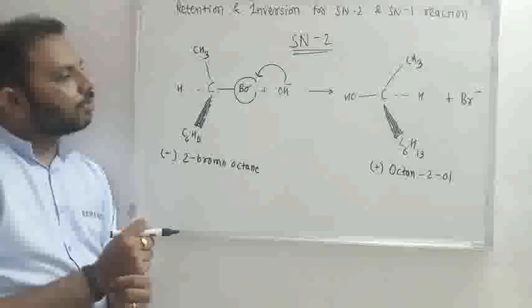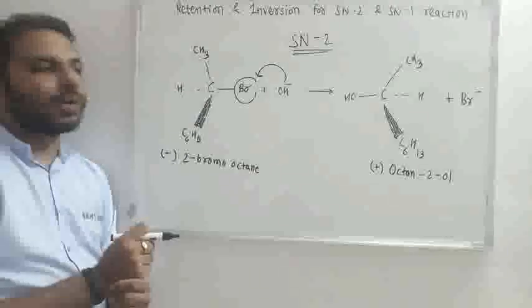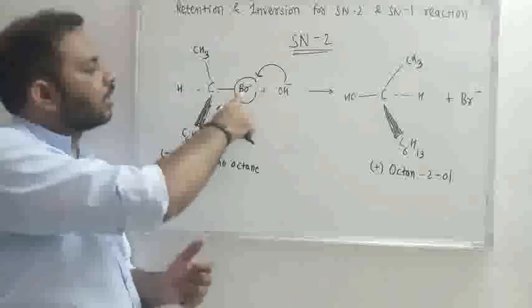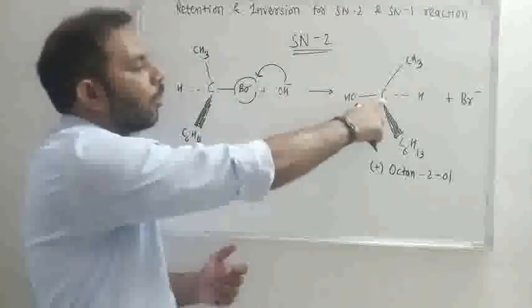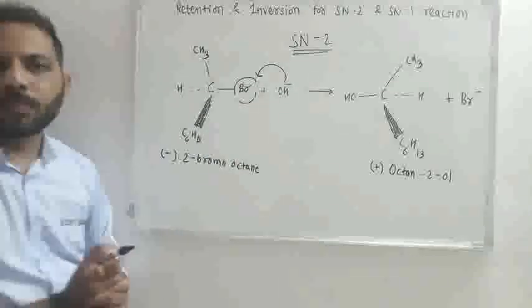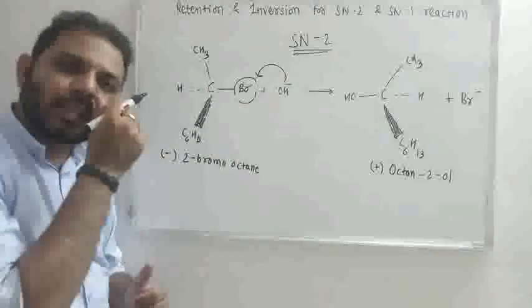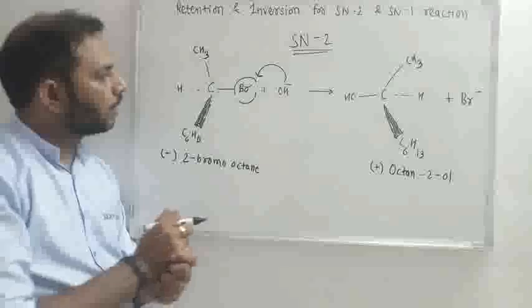The halogen has been replaced by the nucleophile, which is OH minus. But if you see the position of the halogen and OH minus, Br minus used to be present here, but OH minus is opposite to that Br minus. We have already seen retention and inversion.